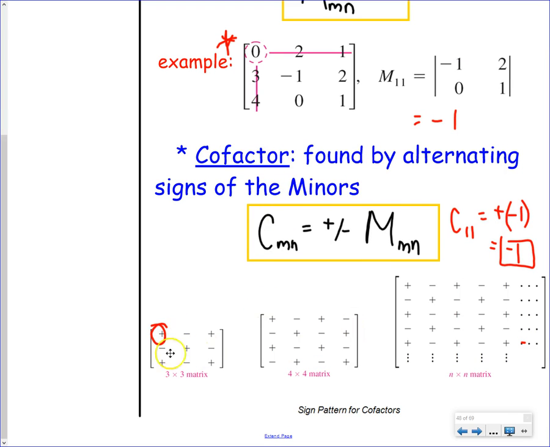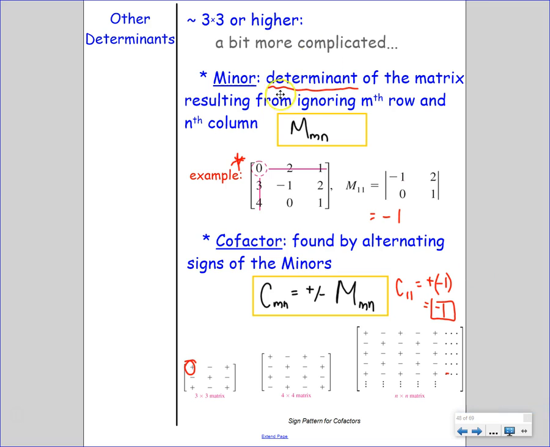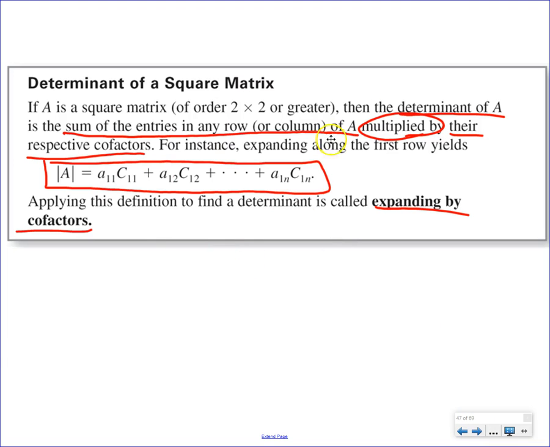So a minor, once again, if I was to zoom out, because once you get the pattern, you shouldn't be memorizing this. It's just a pattern. A minor says, if you're looking at an entry, trying to do this process of expanding by cofactors, I need an entry times its cofactor plus an entry times its cofactor for everybody in a row or column.